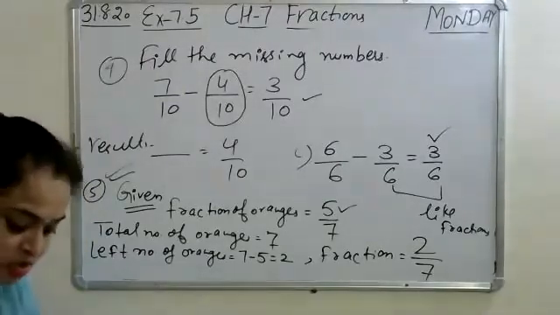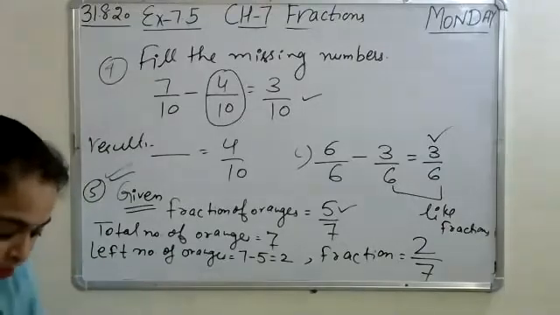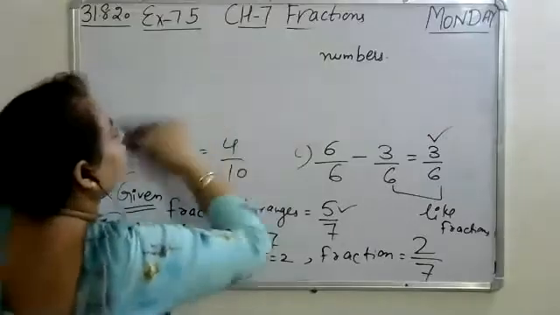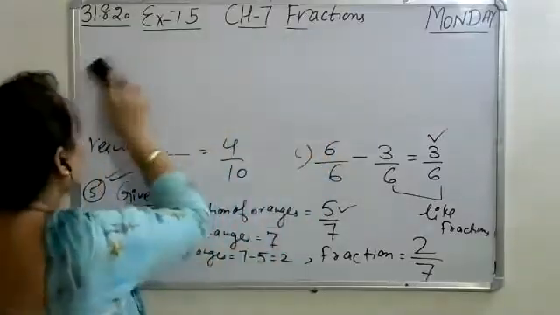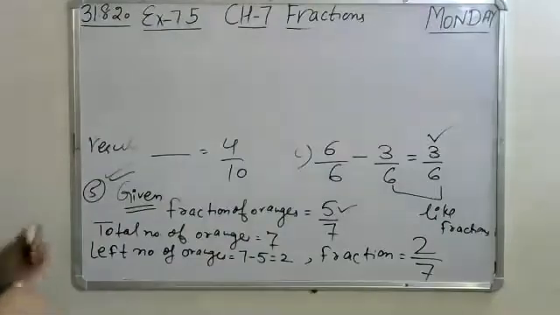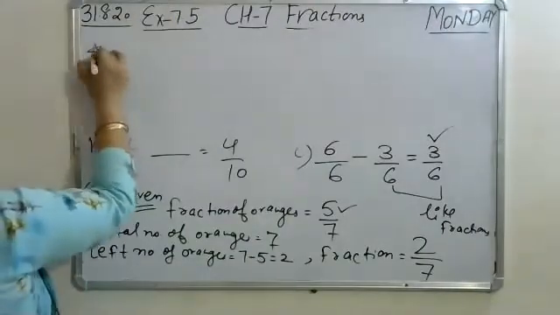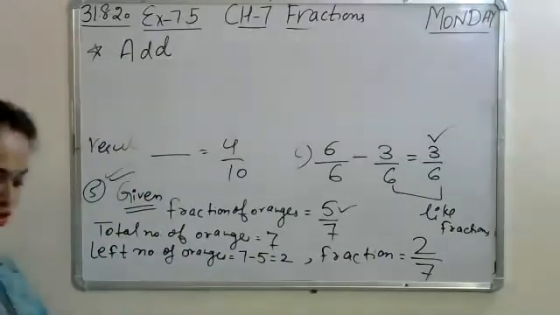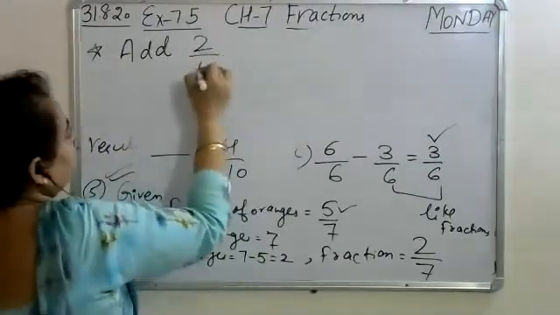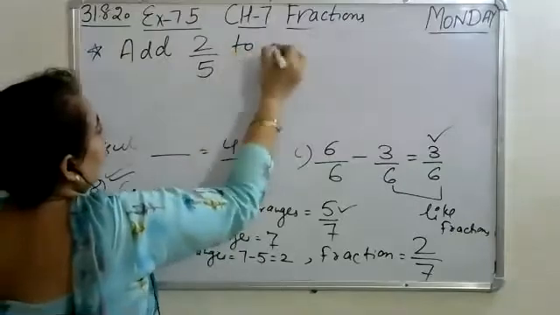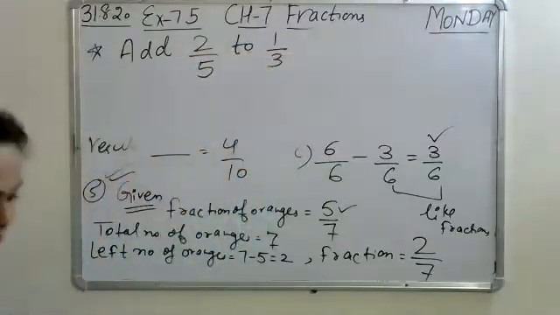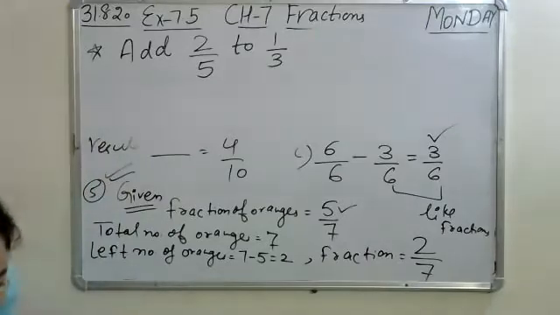Now come to the next. Now I am going to explain how we can add and subtract when the question is based on unlike fractions. Now the question is: add 2/5 to 1/3, taking LCM.